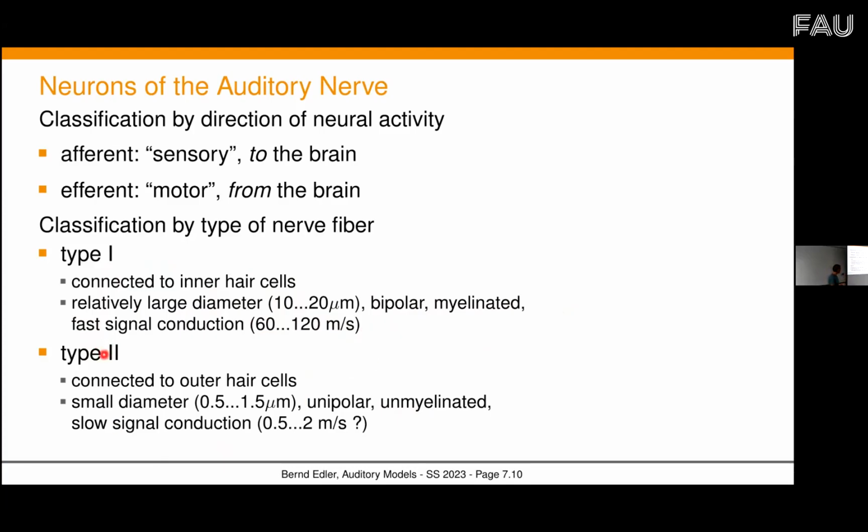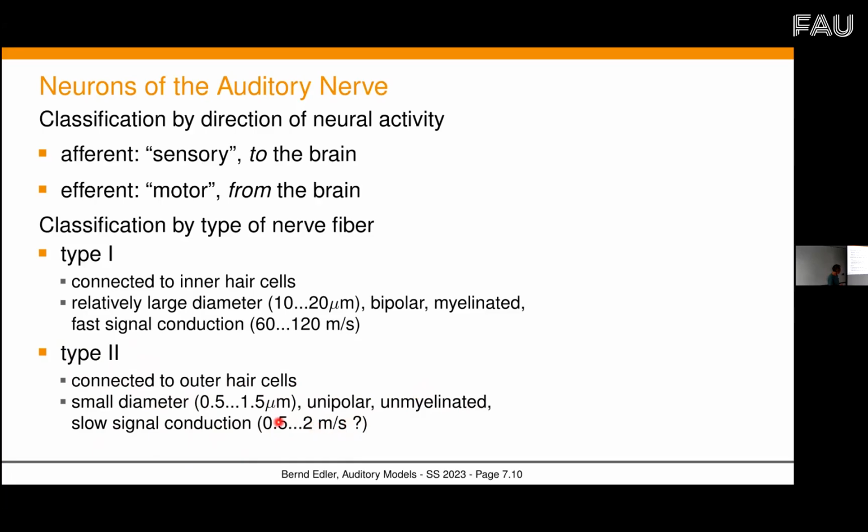And the other, type 2 neurons, are mainly connected to the outer hair cells. They have a smaller diameter and are unipolar and unmyelinated. So they have a relatively slow signal conduction. Here I found different numbers, that's why I put a question mark here.